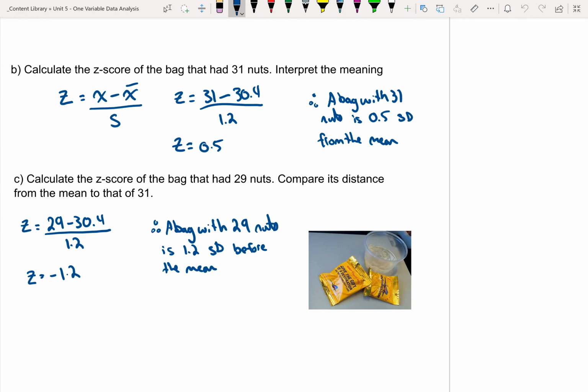So we know what the standard deviation is. If we compare it back to 31, the standard deviation we got there, we could say therefore 29 nuts is further, or more spread out, from the mean.